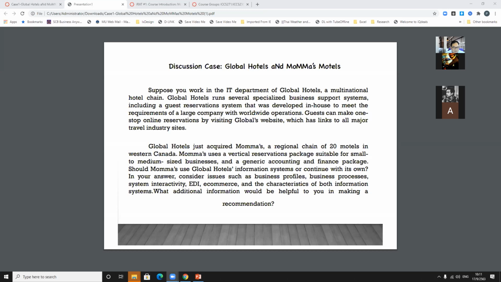And if for some reason the bigger network happens to fail, we could still have the old system as a legacy backup. So your team suggests running the Global Hotels big network system as the front end, and keeping the legacy system of Mama Hotel as the backup. Yes. Okay, thank you to the first team.